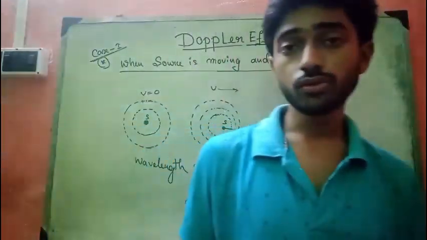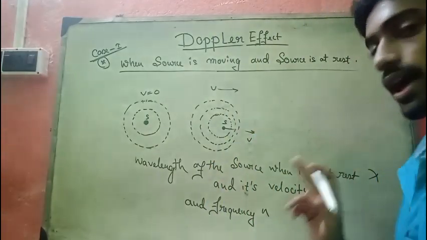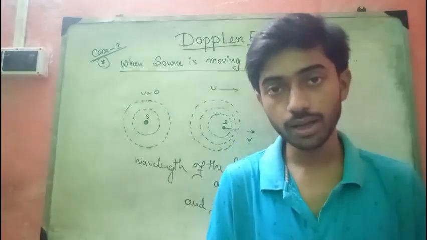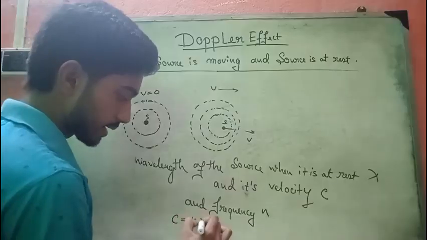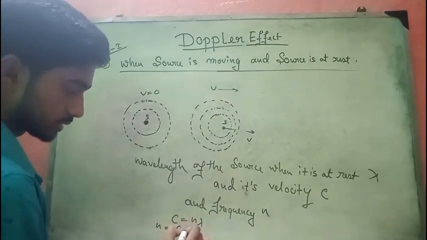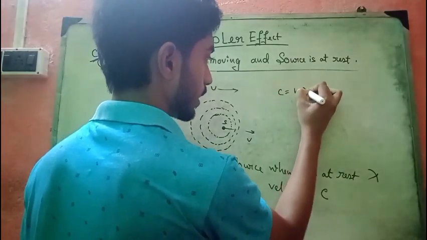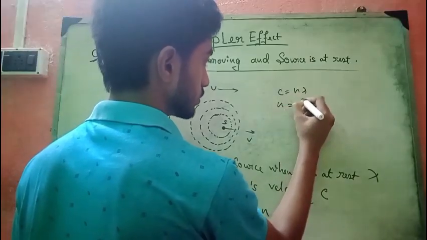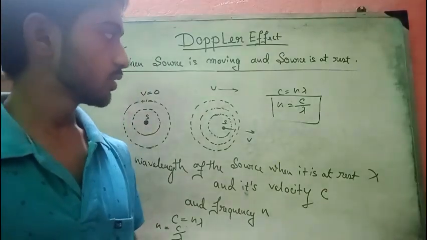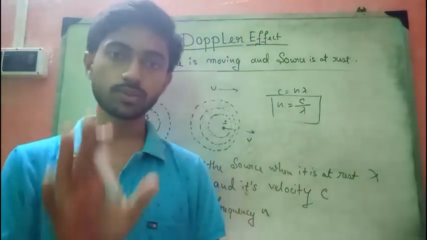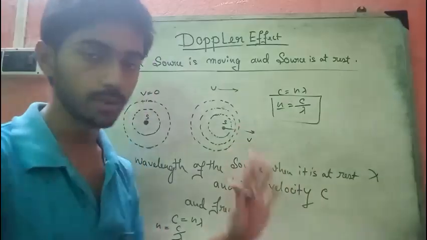So let's take the frequency n, the velocity c and the wavelength of the source lambda. Now we can write c equals n lambda, so n equals c by lambda. So when the source is at rest, its frequency is n, which is c by lambda.